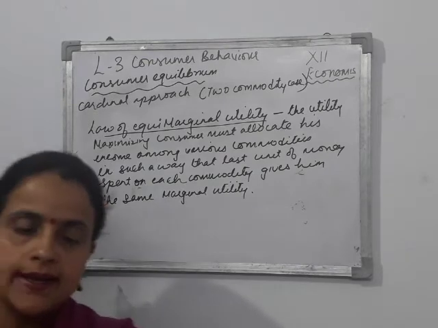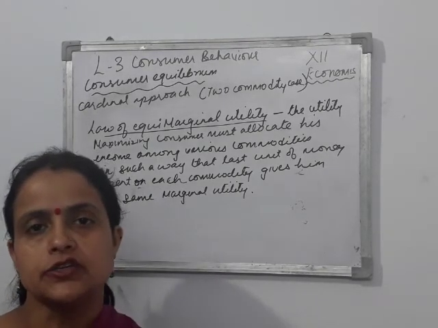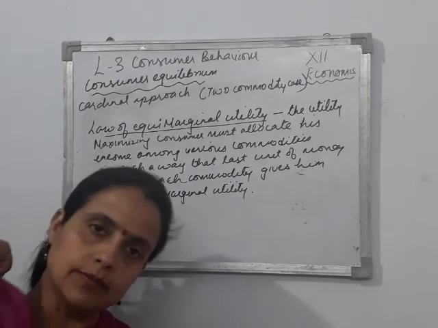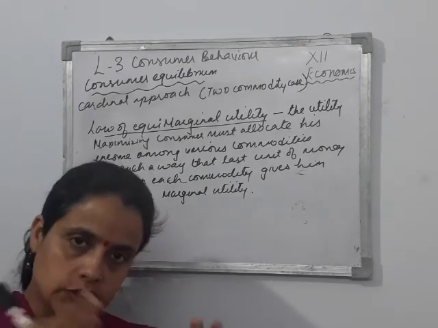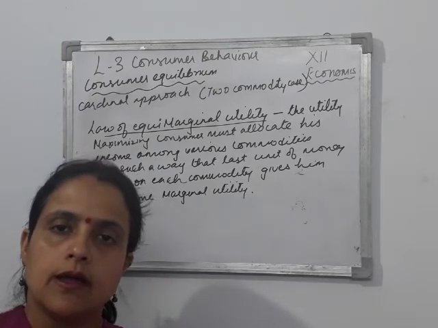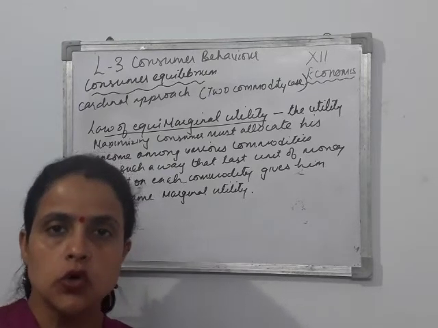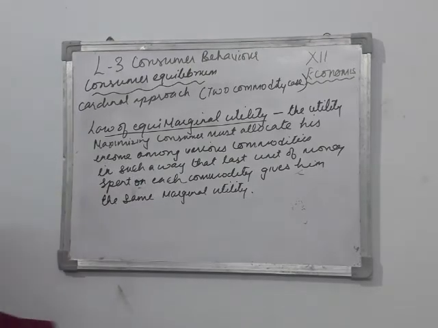The last unit of money he is spending should become equal to the marginal utility of the commodity he is getting. So when the last unit of money is spent, it should become equal to what? The last unit of money that he is spending should become equal to the marginal utility that he is getting from the commodity, right? This is what the law of equimarginal utility states.